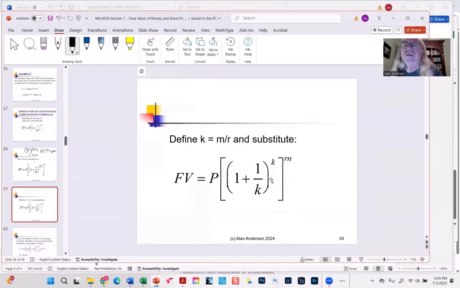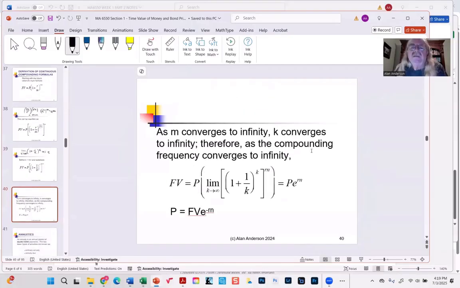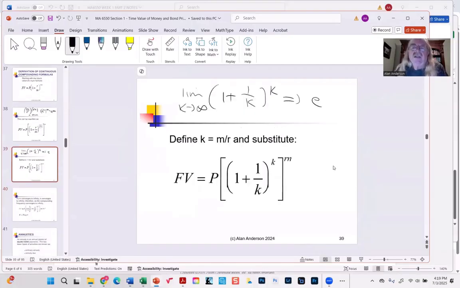When you take the limit of this expression as k goes to infinity, this will be e. Okay. So we're actually going to end up with Pe to the rn.